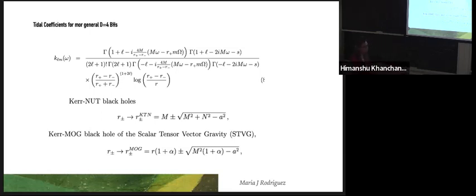I thought you expanded the field in multipoles and then had numbers, constants. But instead here you have functions of R. Yes, they are log functions of R. So you still have the R to the minus L, but each term is multiplied by a log function. So it's another way of saying that there is running.